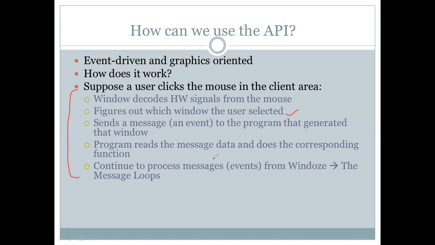Then based on the event, it will execute the corresponding function that the event is actually going to perform. Right? So this is how we can use an API, the different steps involved while using the API in a Windows program.